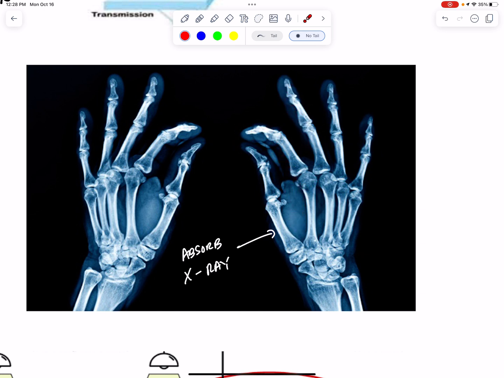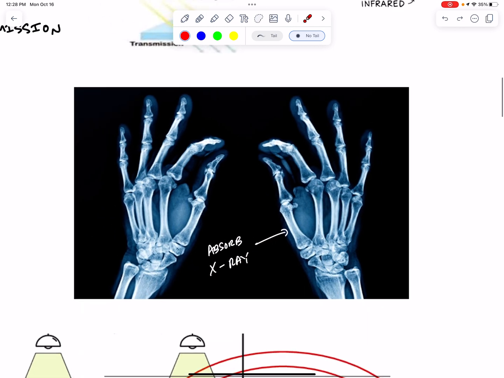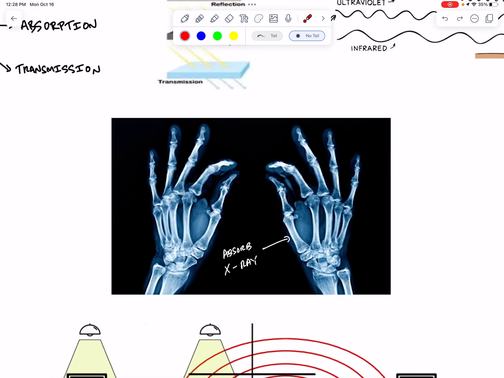Most of the X-rays are being transmitted through their hand, but the calcium that's in bones absorbs X-ray light. So here we have an example of an X-ray which is transmitted through flesh, but it is absorbed by bone, which allows us to see the bone show up on a photograph image of the X-ray.